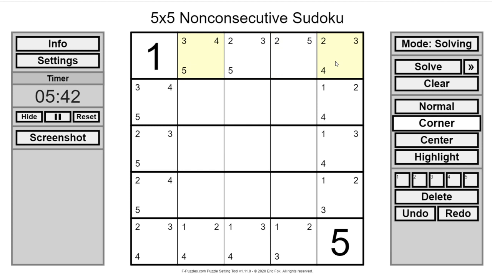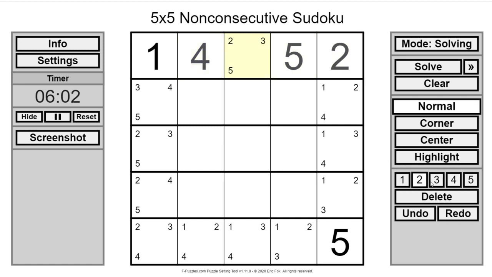Now I feel like there's a problem with the 2 being here. If 2 is here, then we get 5, which makes this a 4, and this a 3, which breaks non-consecutive. So this space can't be a 2.